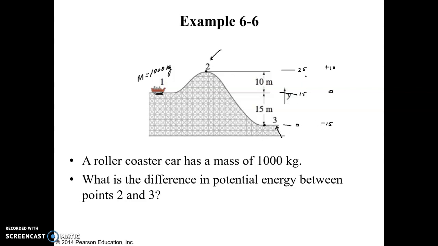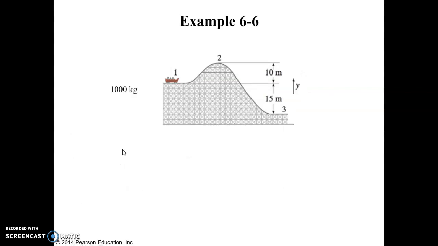Depending on what reference you're going to use, your numbers may look slightly different, but it should still, in the end, result in the same answer. There are a couple different ways we could go about this.